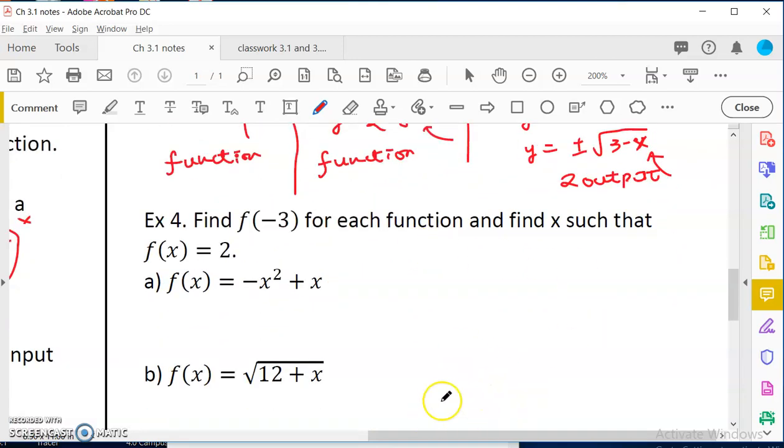Okay, the fourth example I want to do is find f of -3 if someone gives you a formula, and also find x such that f of x is equal to 2. So let's do the first one first. We find f of -3. This is the input value, and I'm supposed to substitute into the formula to find the output.